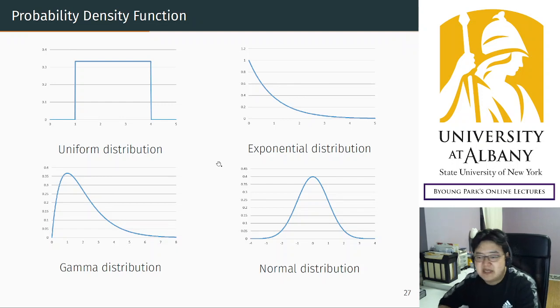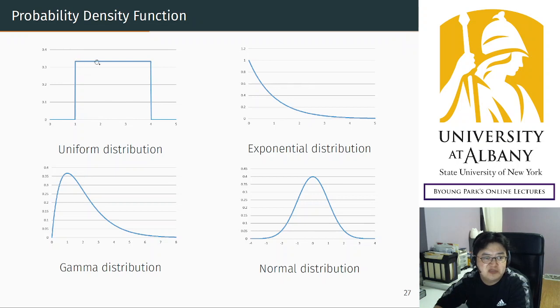Here are some examples of PDFs, probability density functions of some well-known distributions. For example, the uniform distribution has a flat density. So 0 here. When the density is 0, there is no probability.